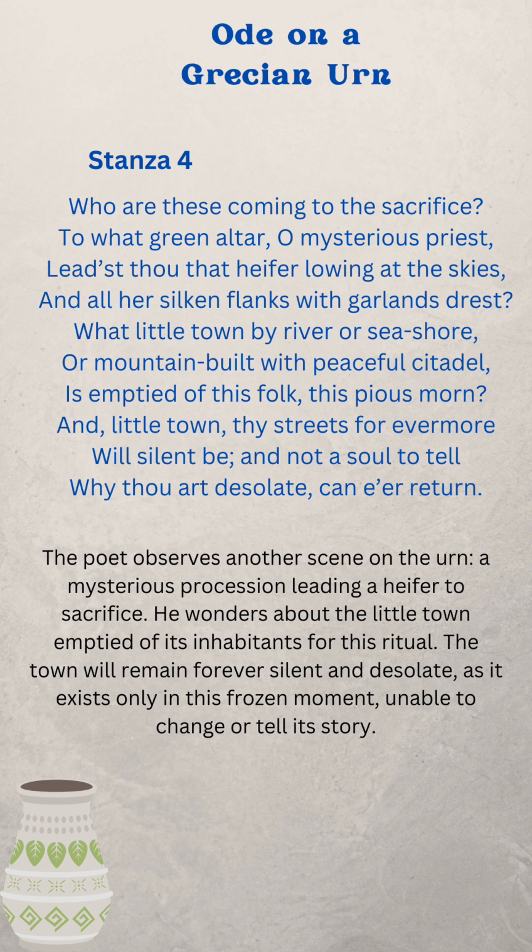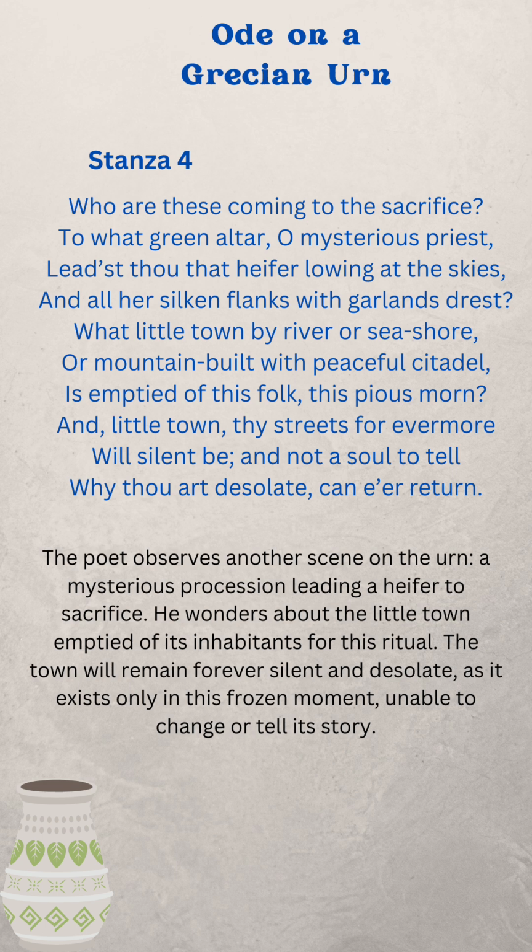Here he examines another picture on the urn. That is a group of villagers leading a heifer that is to be sacrificed. So here is a depiction of a ceremonial procession of villagers.